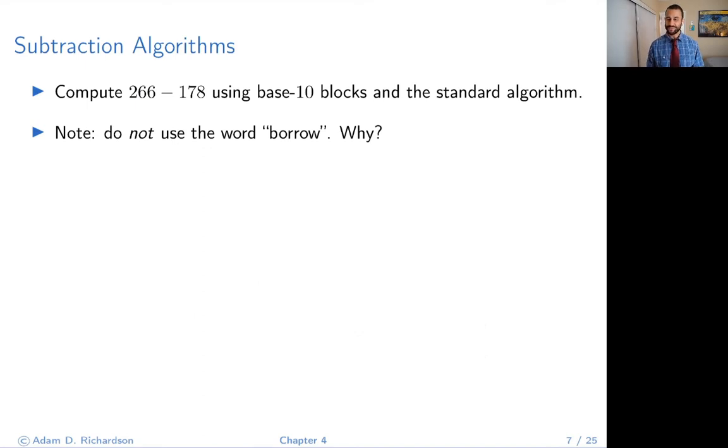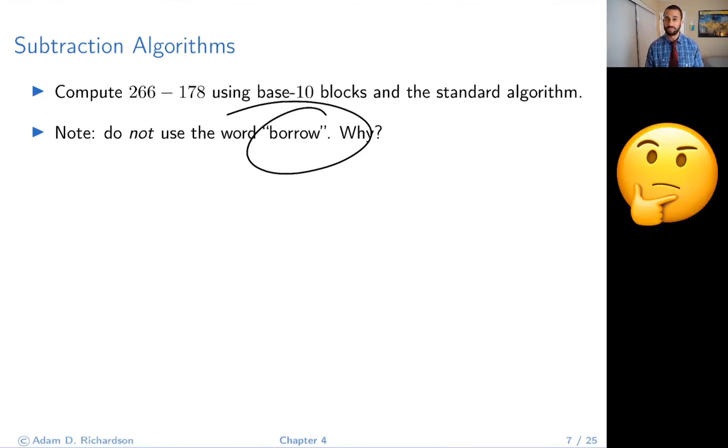All right, so now also note, we don't want to use the word borrow. Why do you think we shouldn't use the word borrow? Hmm. What do you think?